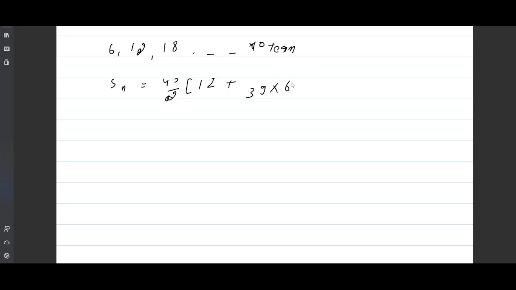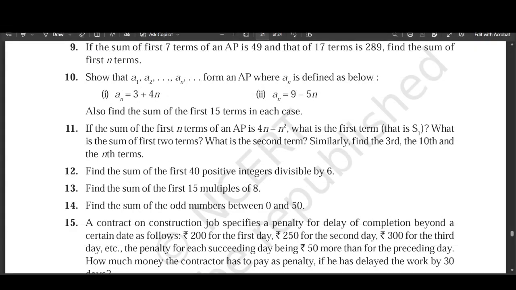On solving this, we get 4920. Now move to the 13th question.